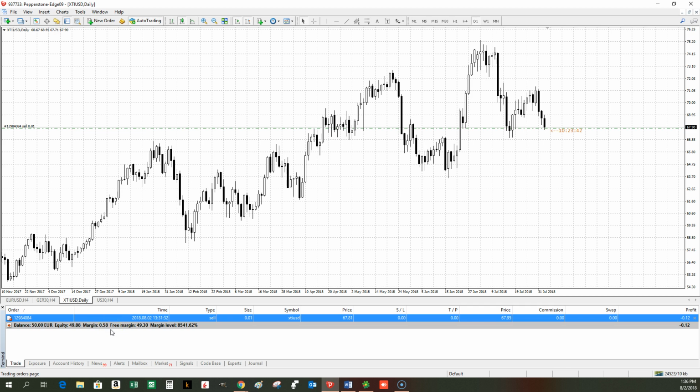Meaning that if you look at the free margin, what is left on the account is 49.30 euro free margin. This is the most important for trading, the free margin. How much money do I have left to trade if something is happening bad on this asset? If it's going against my trade, where can I open a new trade to cover my previous position?